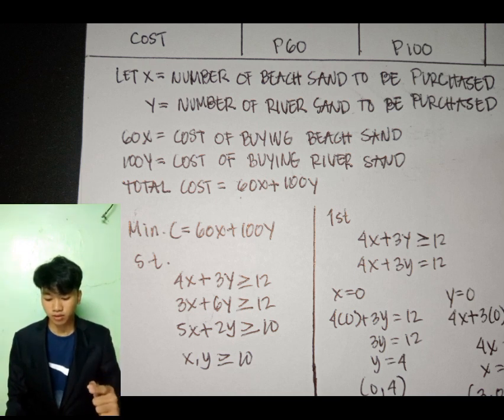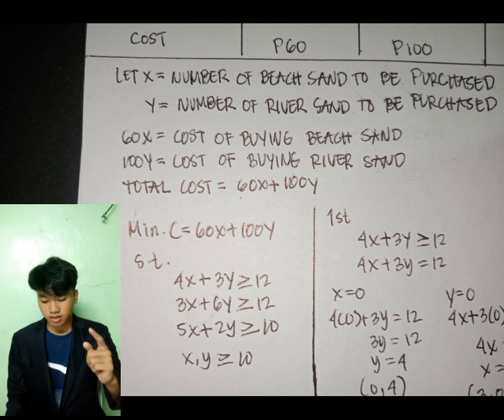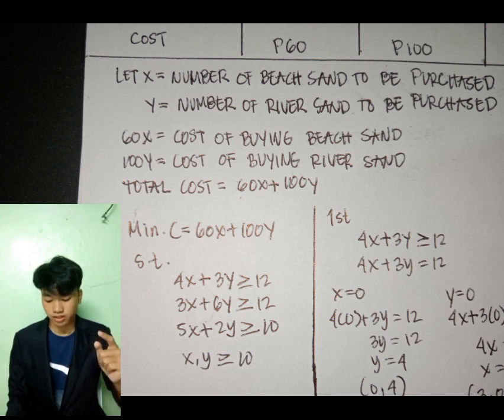X is the number of beach sand to be purchased, and Y is the number of river sand to be purchased. 60x is the cost of buying beach sand, and 100y is the cost of buying river sand.